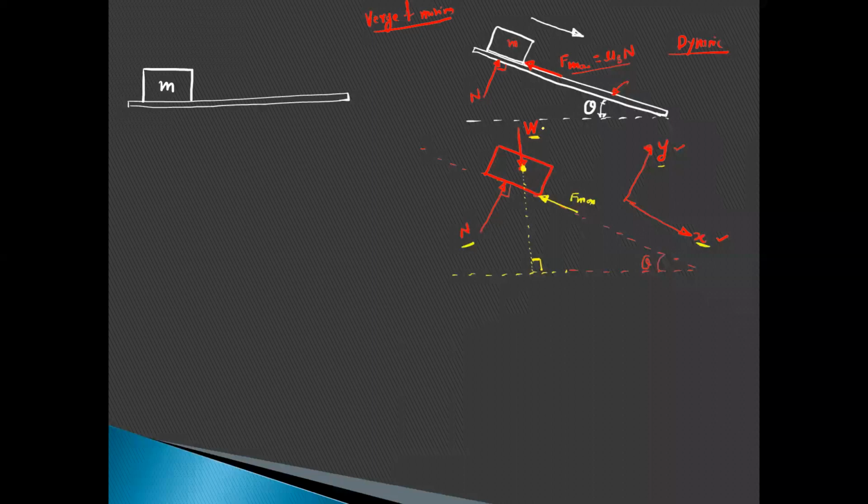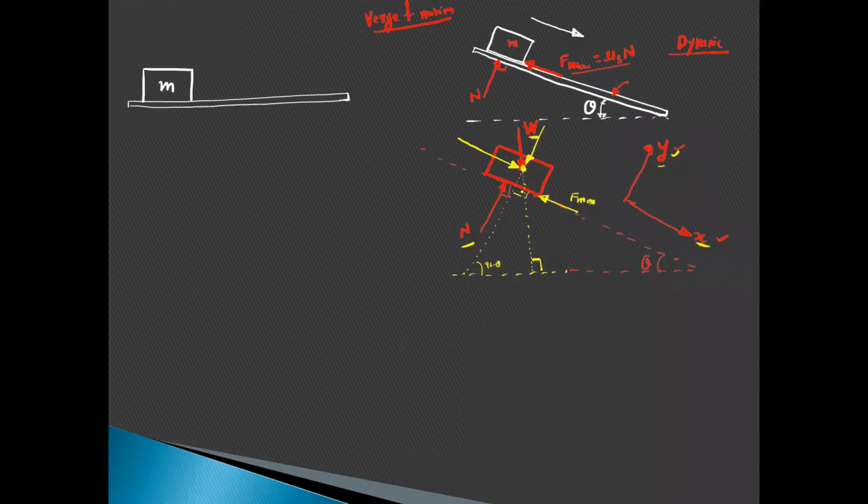I will draw the components: this component is parallel to the y axis, and this component is parallel to the x axis. Extend the line of action for the y component of W. Because we don't know the angle of the y component or the x component, we have to find that angle. This is theta, here we have 90 degrees, so this angle is equal to 90 minus theta.